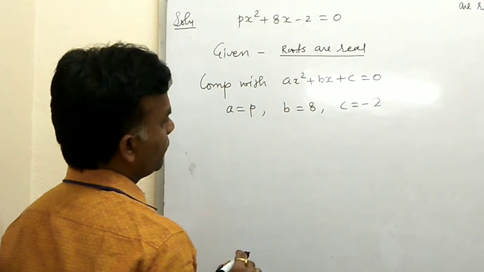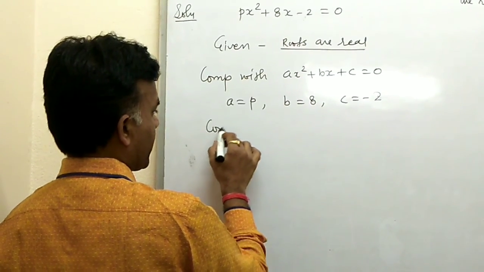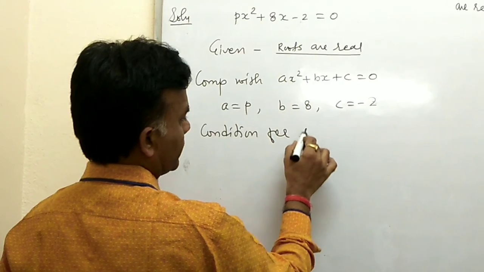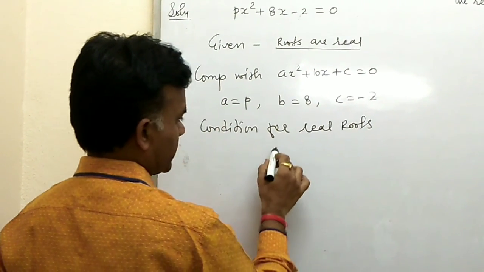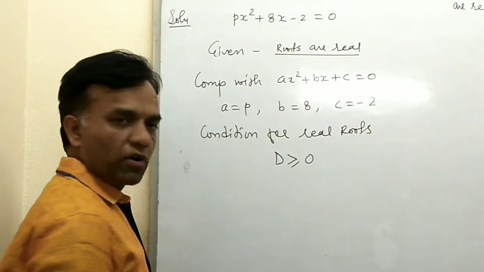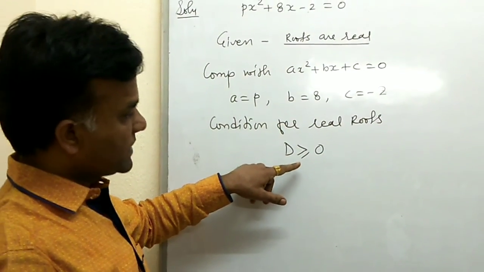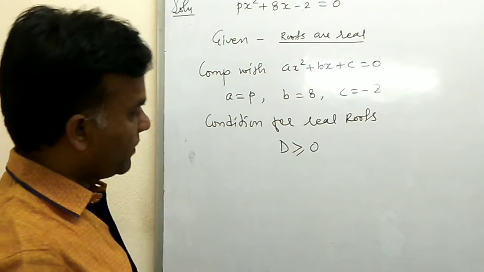Now the condition for real roots is D greater than or equal to 0, because in both the cases, greater and equal, the roots are real. So we write both conditions combined, greater than or equal to 0.